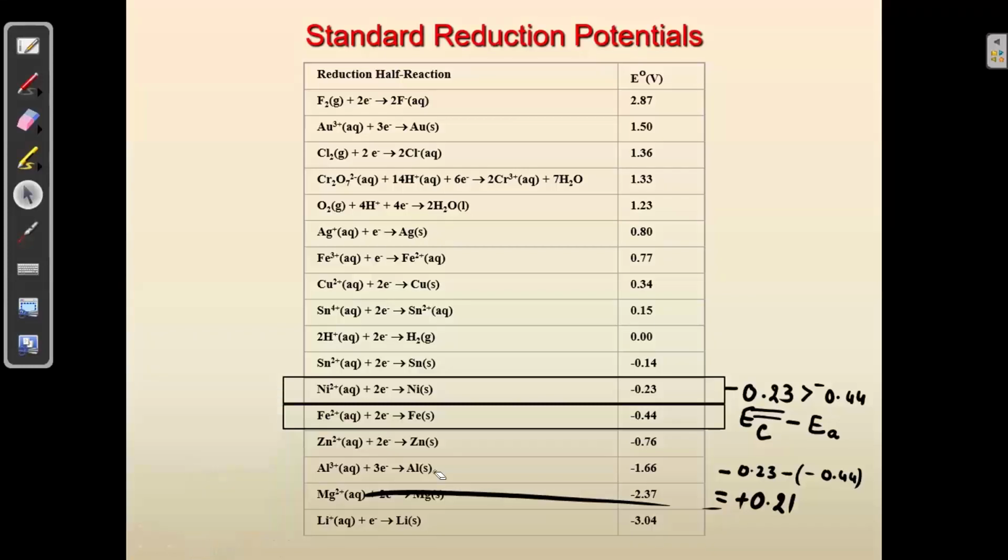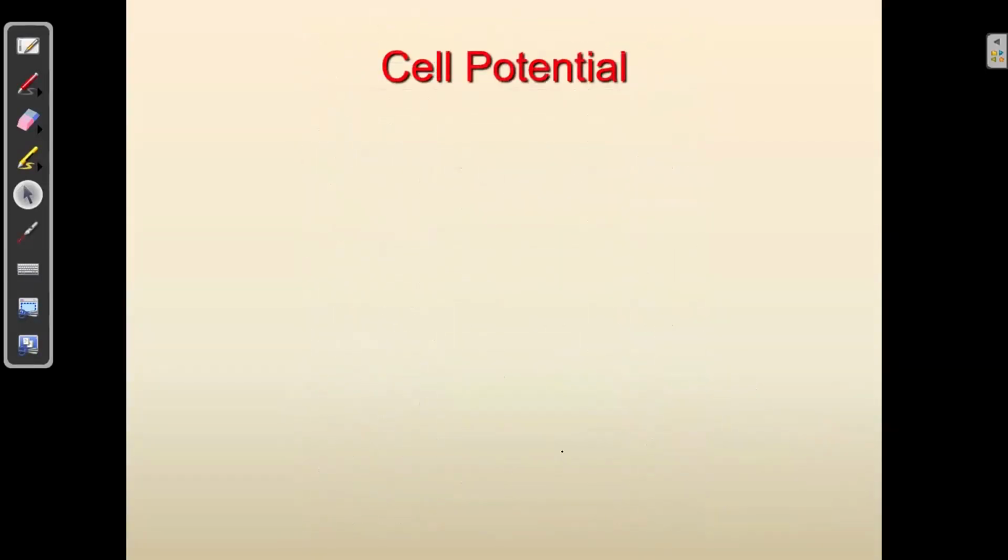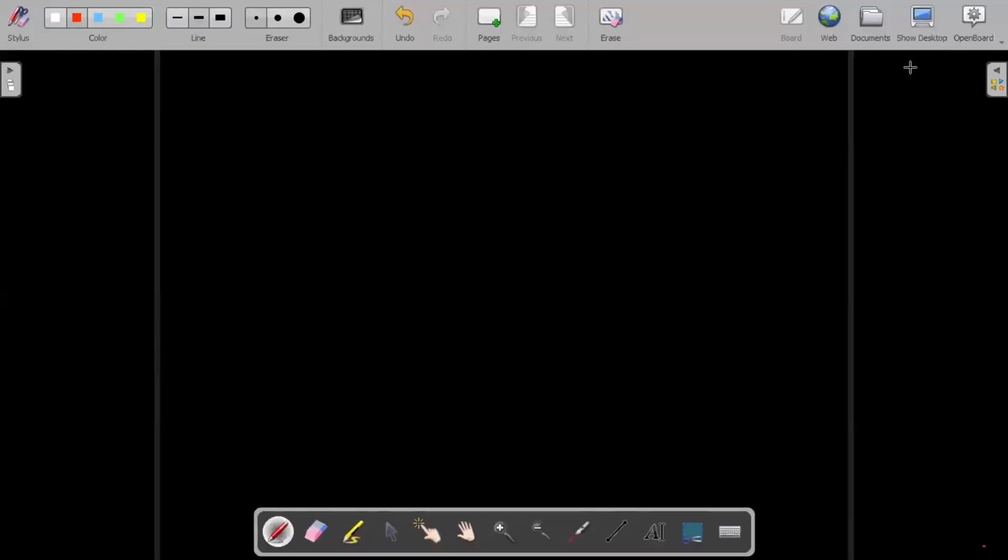Here the cell will work because we are getting a positive E naught value, a positive potential value. So guys, today we just completed how we can find the cell potential and E cell of any cell.